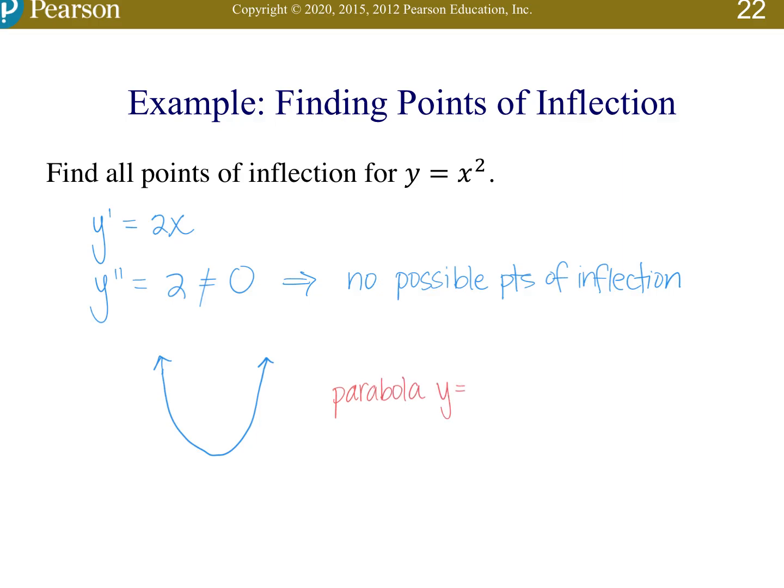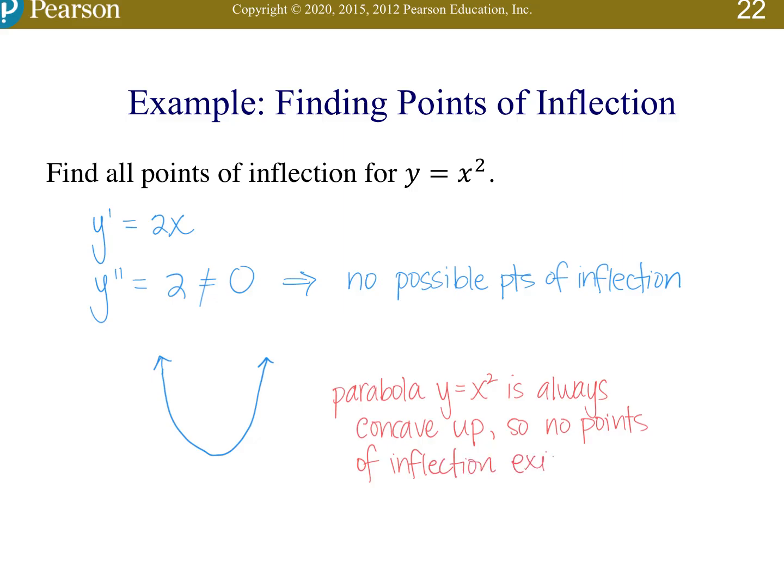So the parabola y equals x squared is always concave up. So you would say there are no points of inflection. Okay, so no points of inflection exist. And so the calculus confirms what we already kind of knew visually.